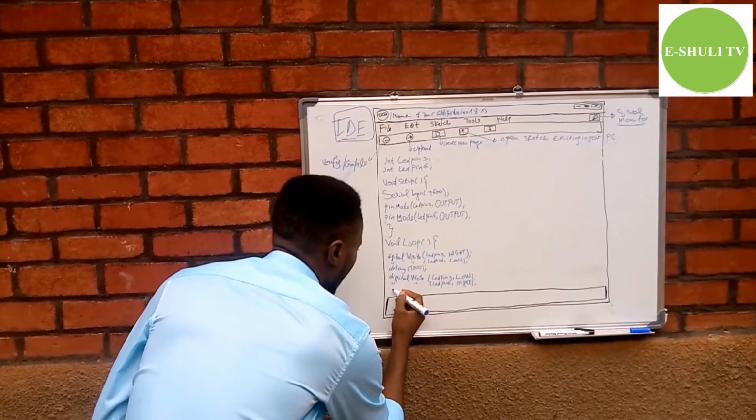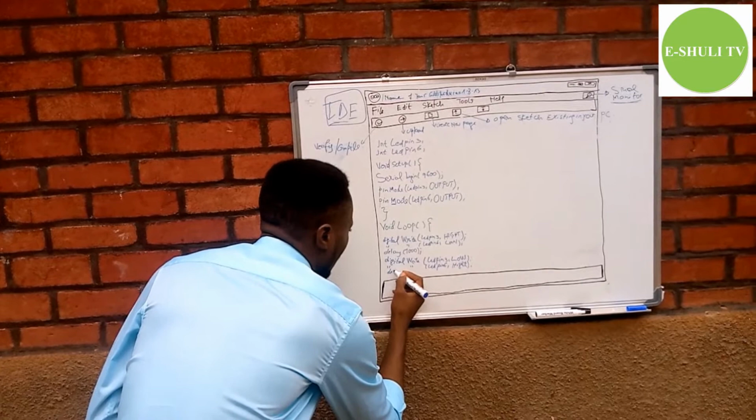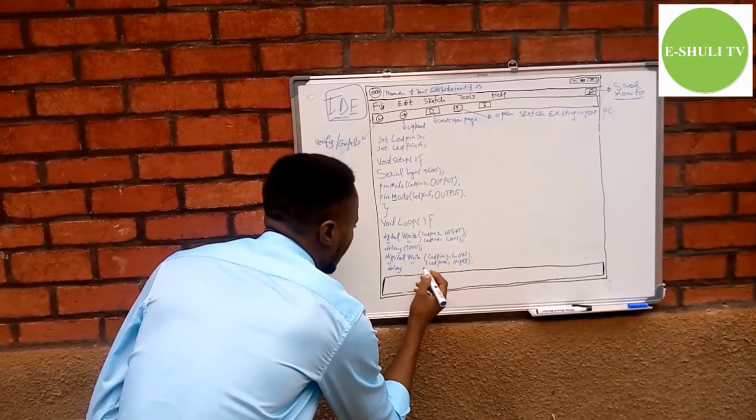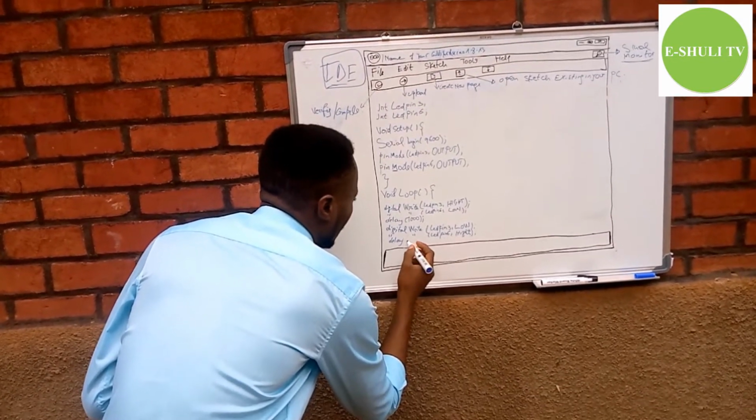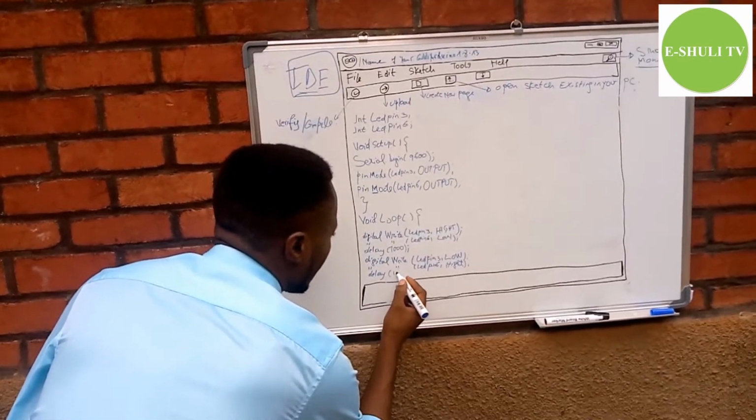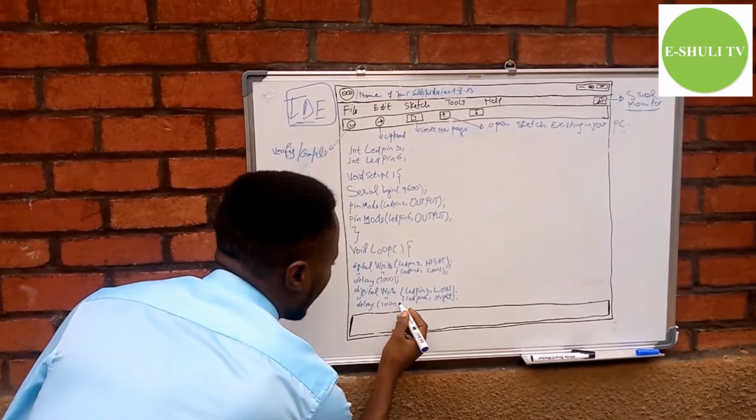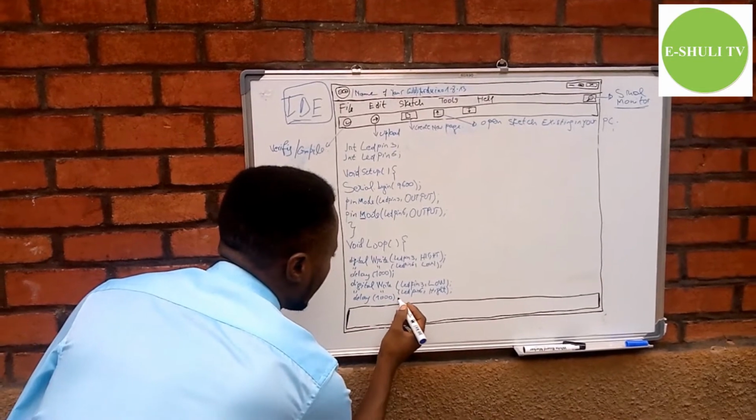Then this will delay. Also, you write the delay time that you want according to your need or your desire. Let's also use a delay time of 1000 milliseconds.